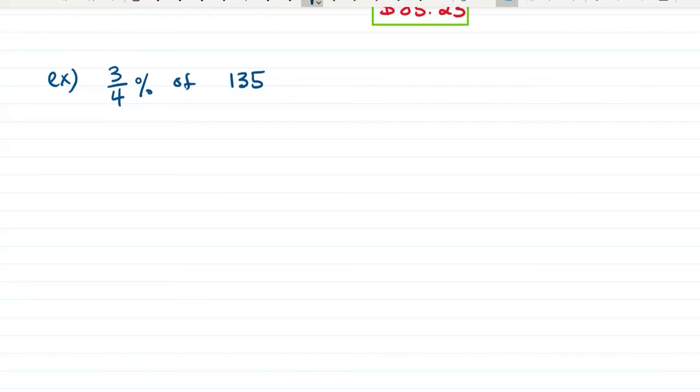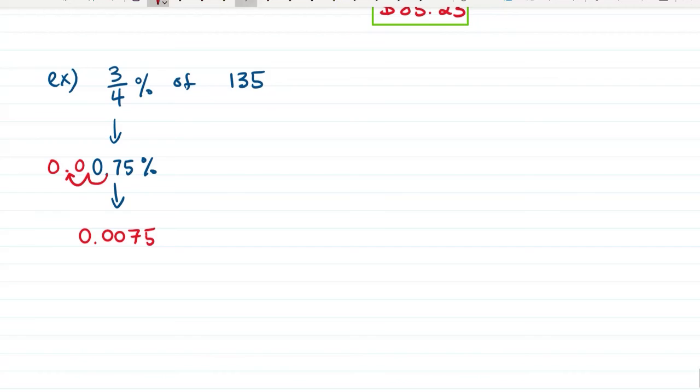So 3/4 means 0.75%. Okay, 0.75% in decimal form is 0.0075. So our decimal value of this percent is 0.0075.